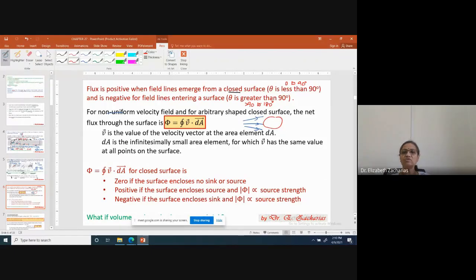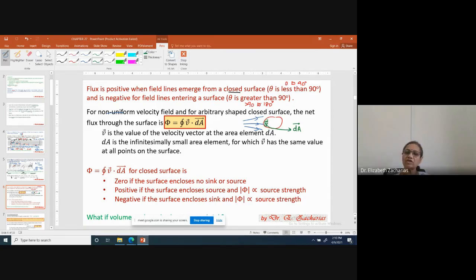So under such situations, you have to go to calculus. You have to use the method of calculus. You have to divide the area into a number of small elements, so small that each element has an area dA, and for that area, velocity is a constant all over.